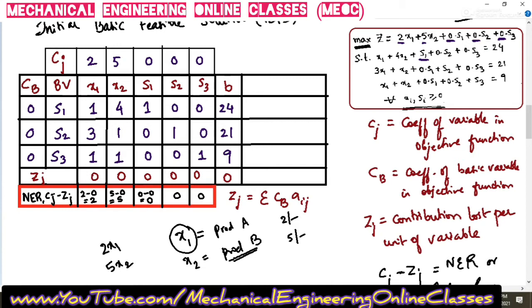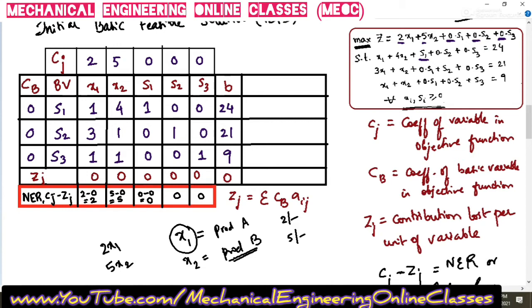Now if we check our index row Cj minus Zj, Zj is a contribution that is lost per unit of a variable. Now what is Cj? If I want to maximize my Z, I want a maximum profit out of 2x1 plus 5x2 plus 0S1 plus 0S2 plus 0S3.